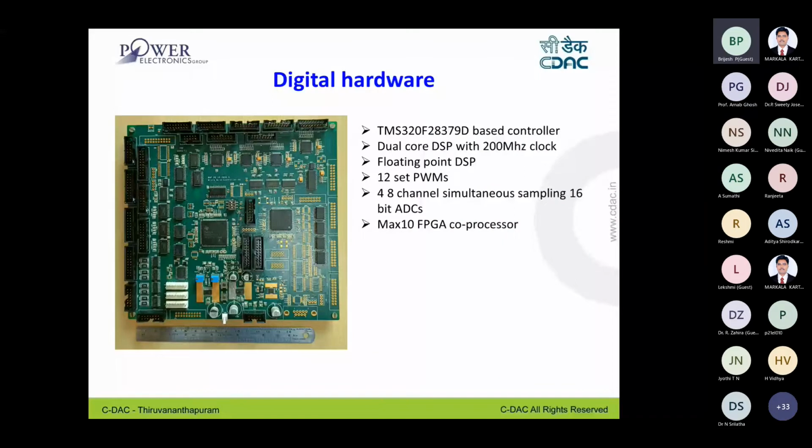Then we have developed a new digital hardware based on a TMS320F28379D floating point processor for our new power hardwares. For all of our previous power hardwares, we used what was then the most reliable power electronics processor, the F2812 from Texas Instruments.